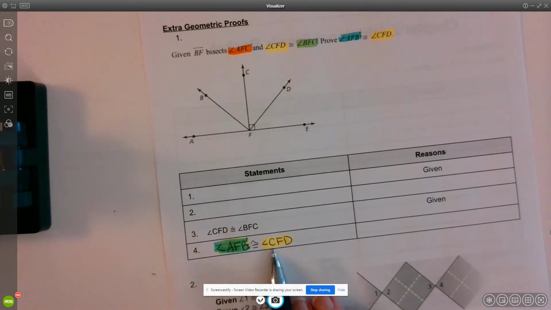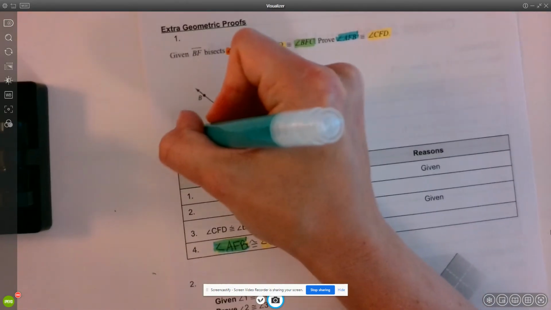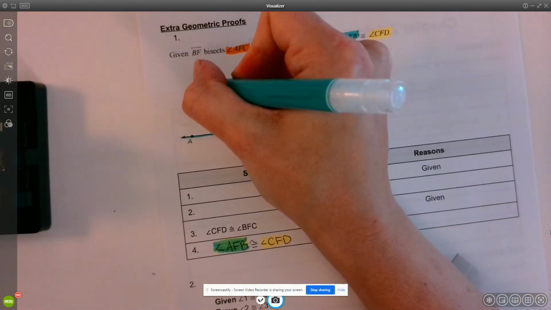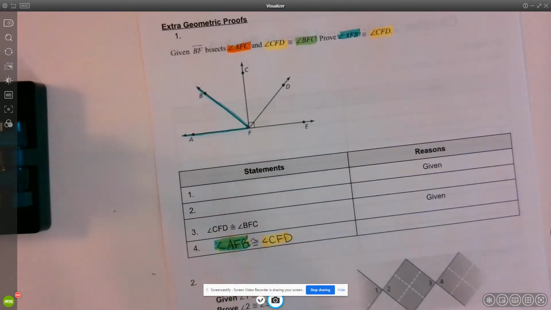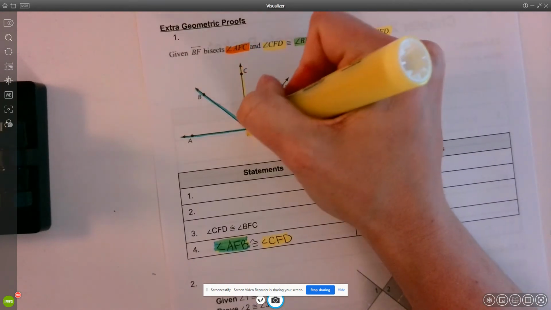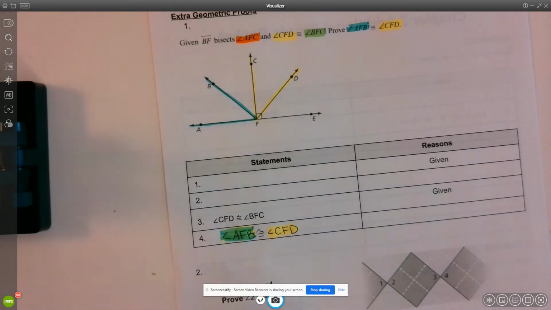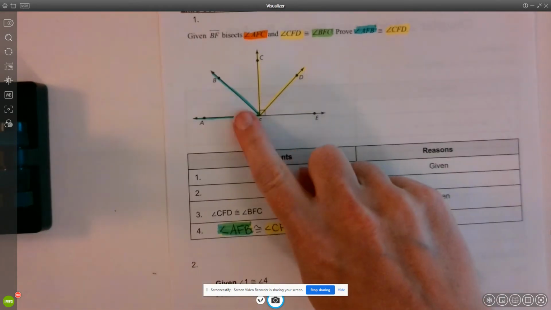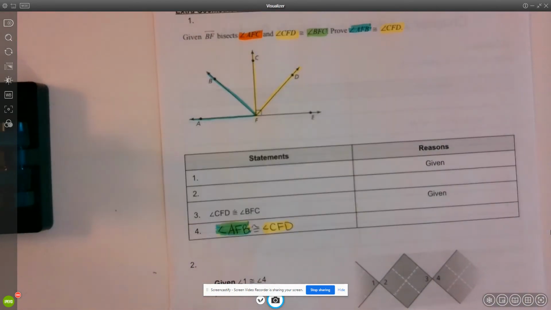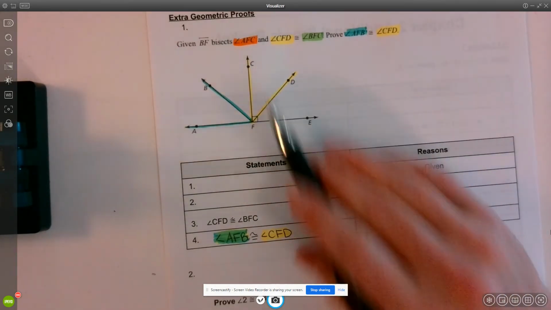So we're trying to work our way to show that angle AFB here, which I'll highlight in turquoise, is congruent to angle CFD, that's this one. Right now, we haven't proven that they're congruent. So make sure you don't put that they're congruent in your picture yet, because that's what we're trying to prove. All right, let's start with our given.